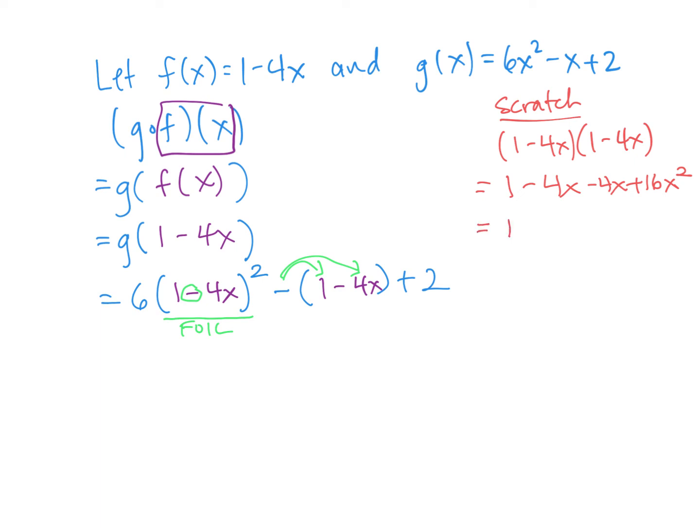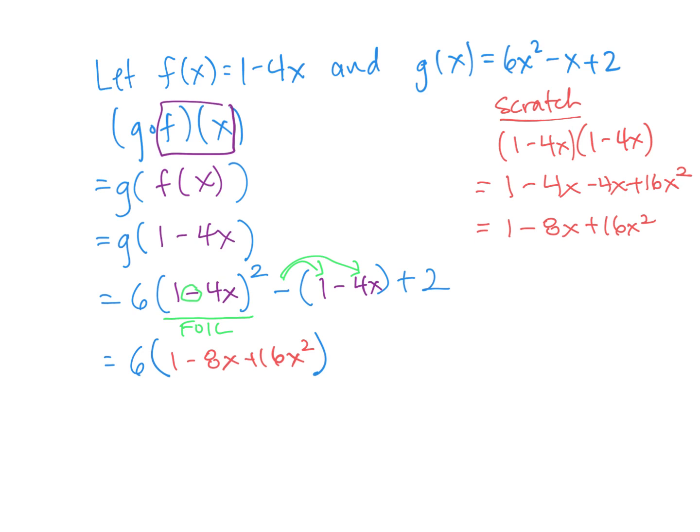So clean up 1 minus negative 4x's minus 4 more x's is minus 8x's plus 16x squared. So that's as simplified as I can make that. So I'm going to take this and replace it back here. So we have 6 times, I'll write it in red, 1 minus 8x plus 16x squared.